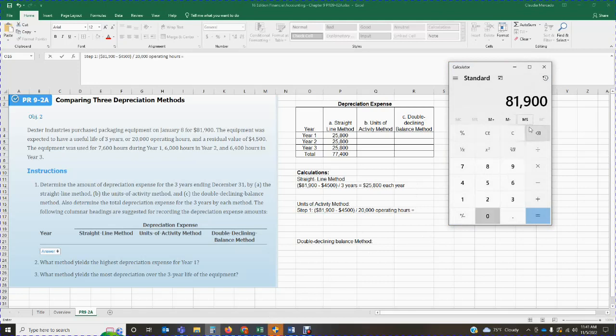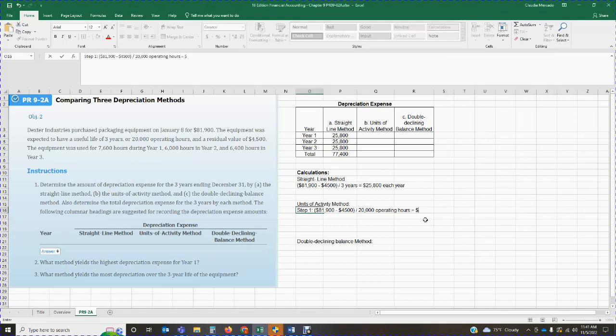So 81,900 minus 4,500 gives me 77,400, and I'm going to divide it by 20,000 operating hours. That gives me $3.87 per hour. Now that we have that, we can calculate year 1, year 2, and year 3.